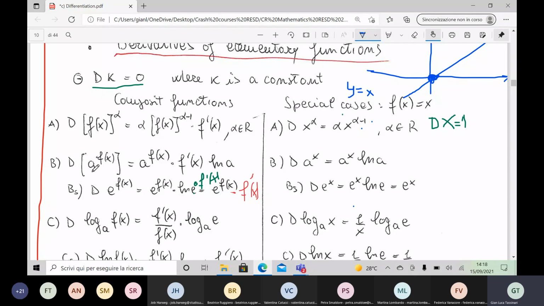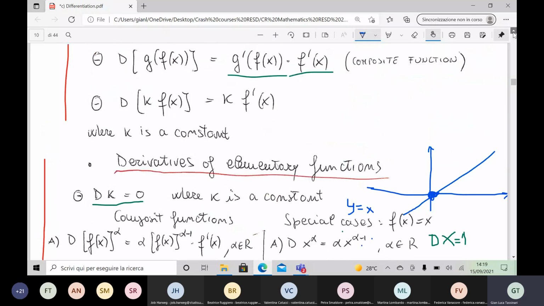First, do the outer derivative. The outer derivative is the following. The derivative of a to the f of x is a to the f of x times what? Ln of the basis. Ln means logarithm with basis e, of a. So this term times this one represents what we called g prime of f of x.